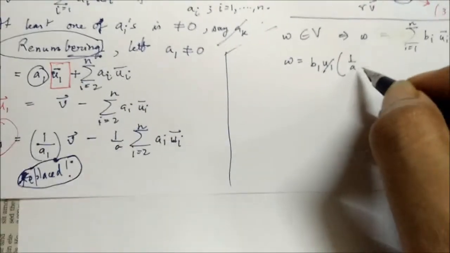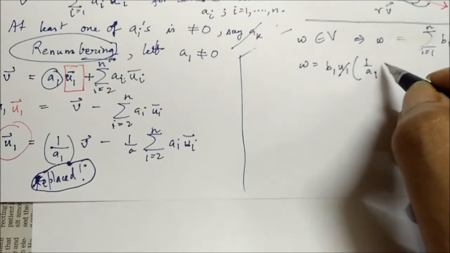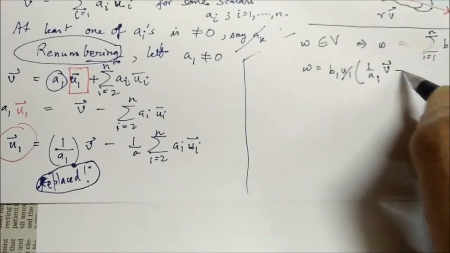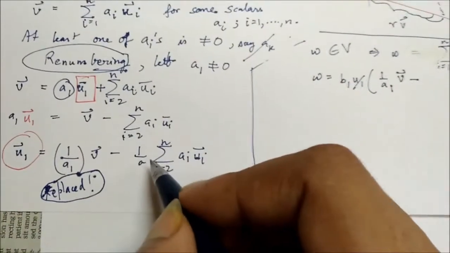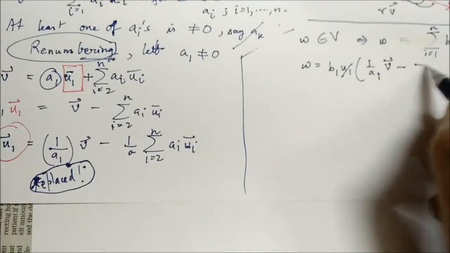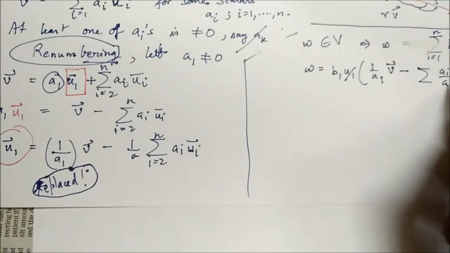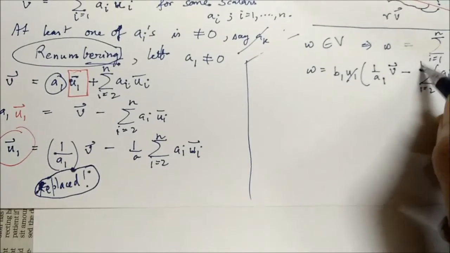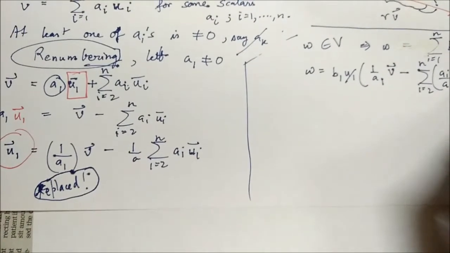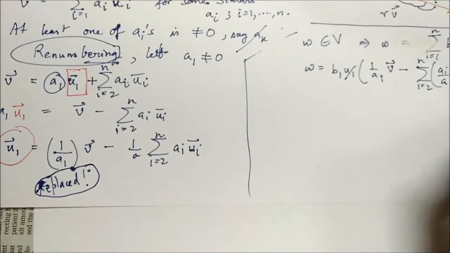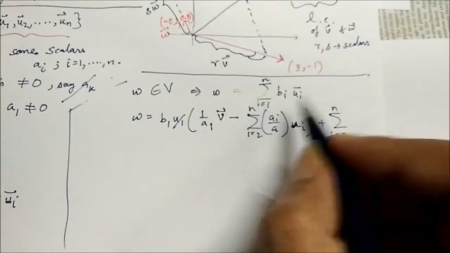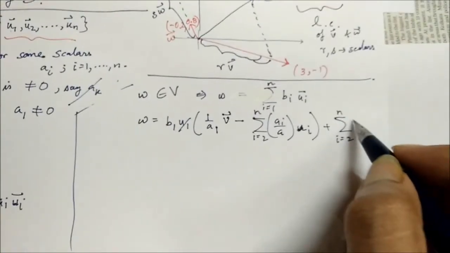So 1 by a1 times v vector minus, including this constant inside the summation coefficients, we have this, and the other terms are simply i equals 2 to n: b2 u2 plus b3 u3 up to bn un.